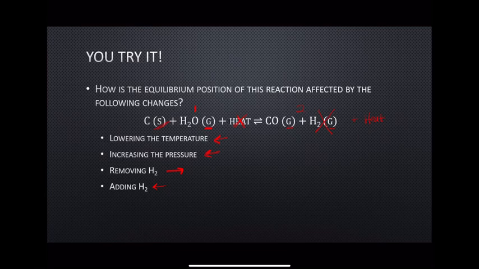And then the last one, if you add H2, okay, if we increase that H2, then hopefully we can use that to increase the production of these guys. And so that is going to shift it away from the H2 and hopefully use that H2 to build some more of the carbon and the water on the other side of the equation.